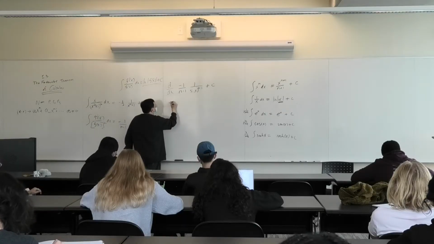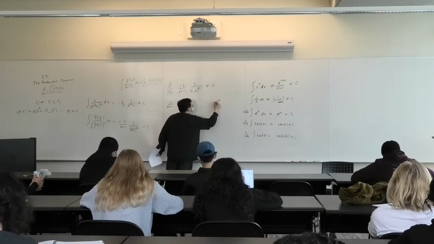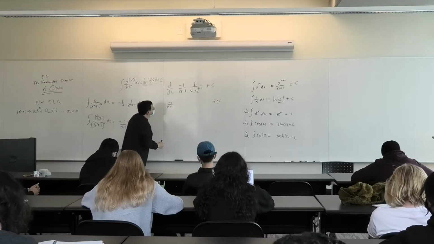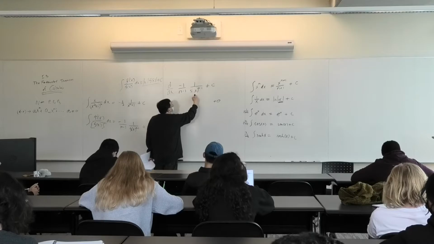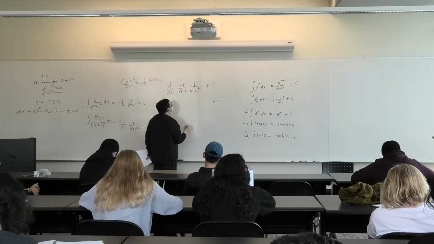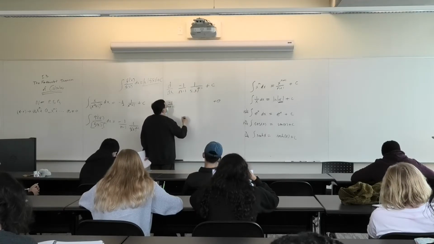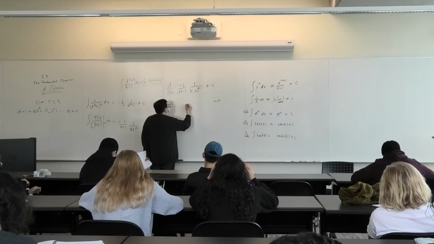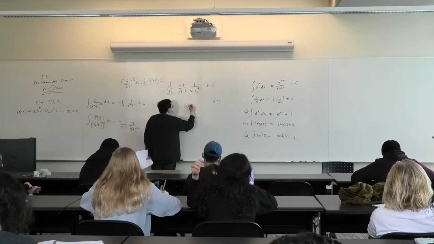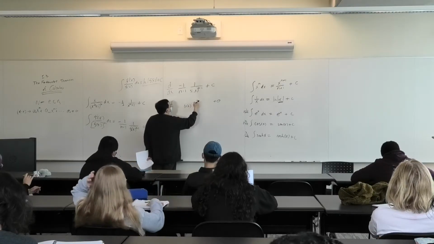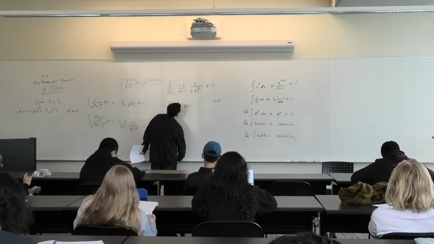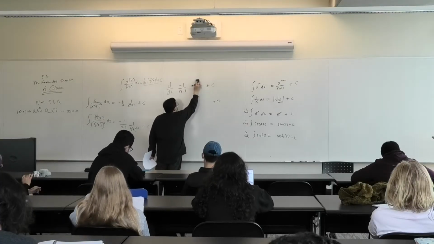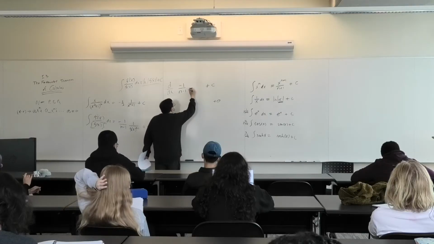This is a constant. That's going to be 0, right? So that's all good. So what's the derivative of 1 over f of x to the n minus 1? Well, by the power rule, it's going to be f of x to the negative n minus 1, and I guess it'd be better if I wrote it this way.